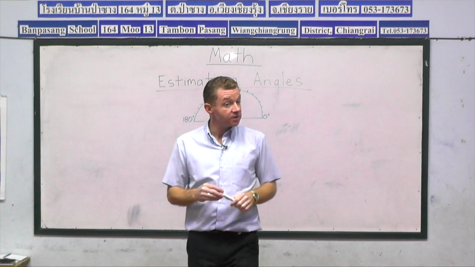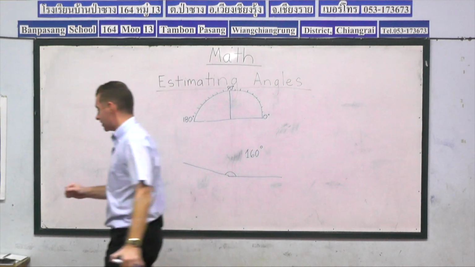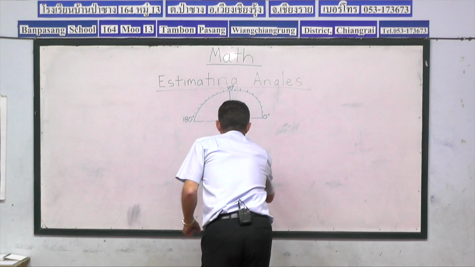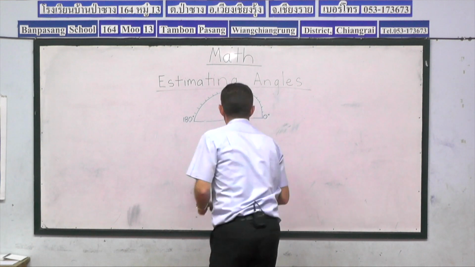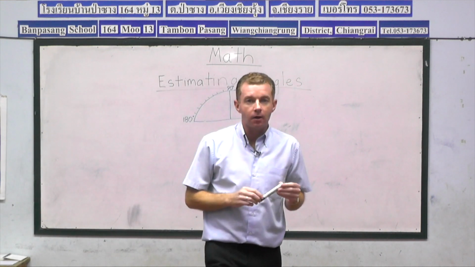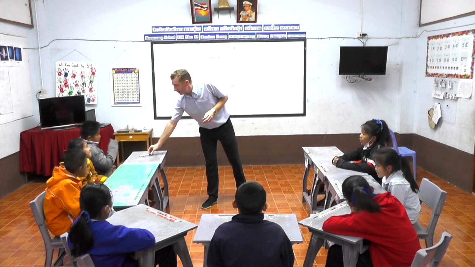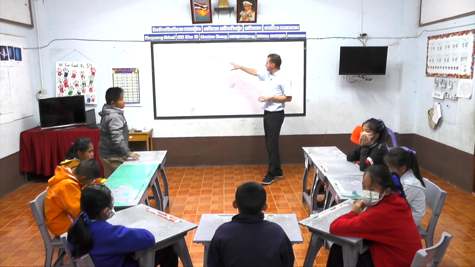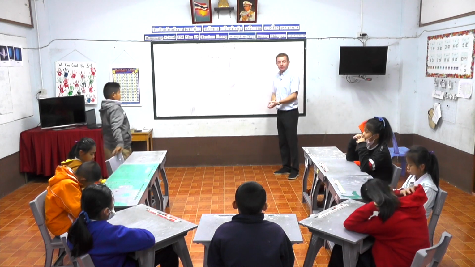Okay, so now for another angle and another student to try. Okay, so now we've got another angle on the board. And now I would like to ask Net to come forward and do an estimation of our angle.